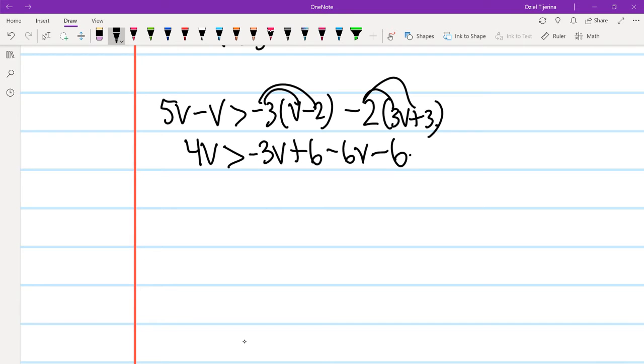So then you have 4v is greater than negative 3v minus 6v, and these two cancel out. 4v is greater than negative 9v.